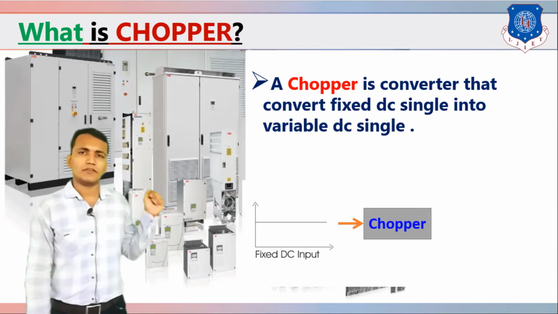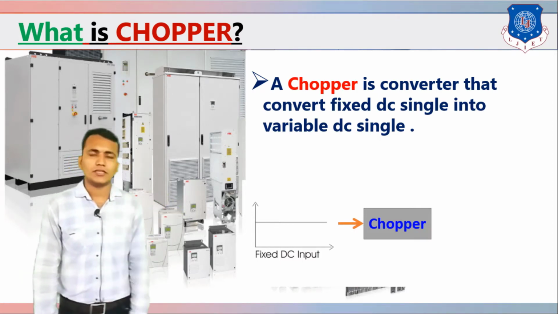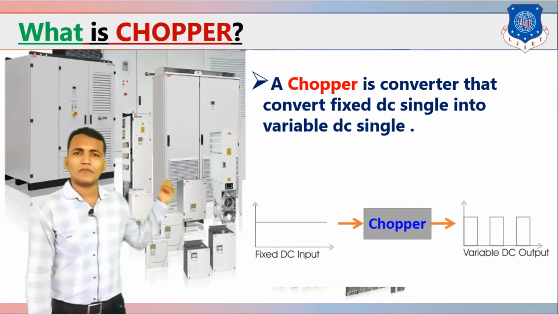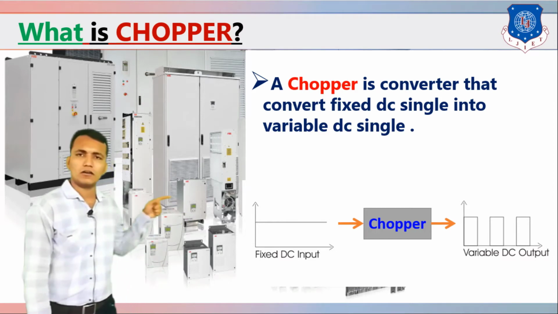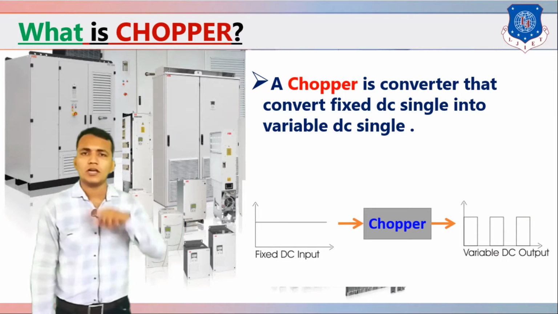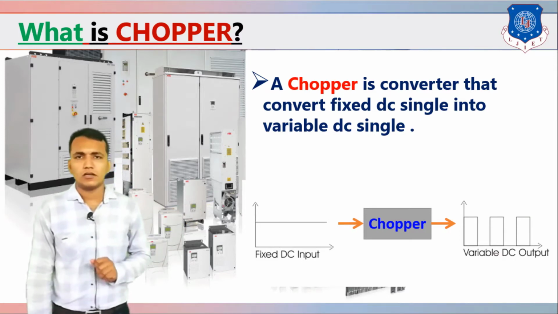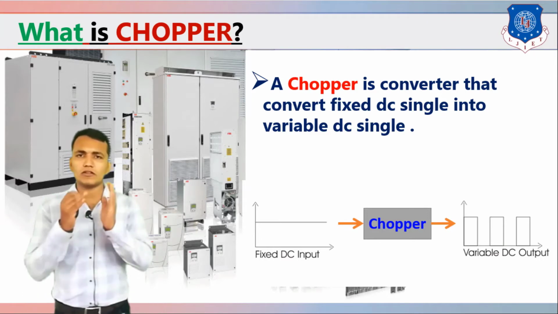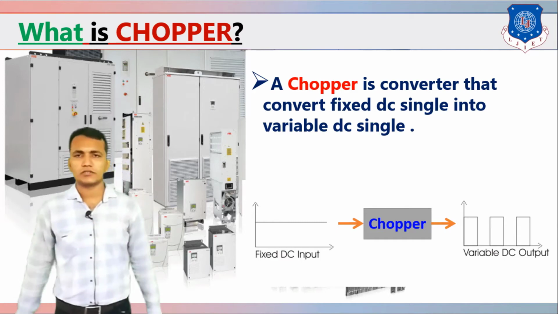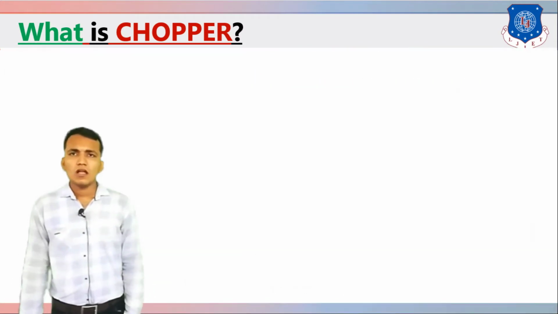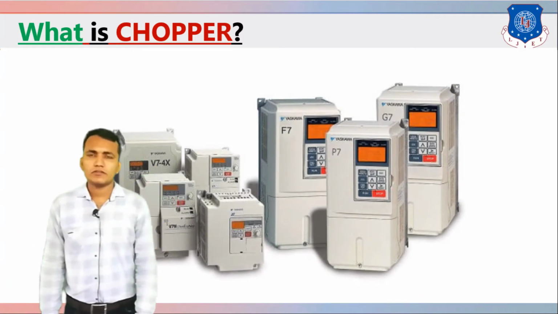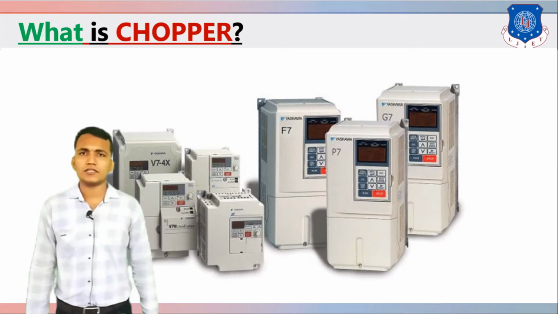You can see in the figure, the chopper has an input that is a fixed DC input, and it converts it at the output into a variable DC voltage. A fixed, constant DC signal at the input, and at the output there is a variable DC signal. That is the main concept of the chopper circuit, to convert fixed voltage into a variable DC voltage. Now these are some drive circuit figures, different series of DC controlled drives.